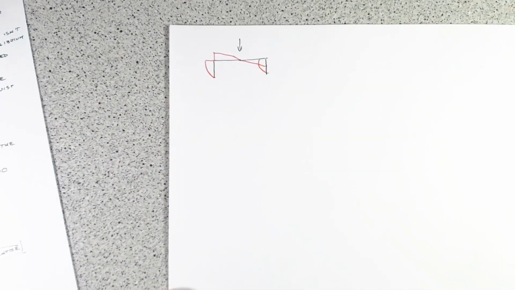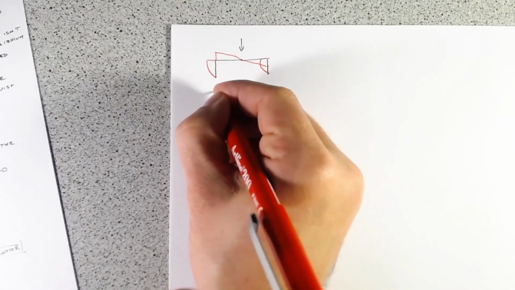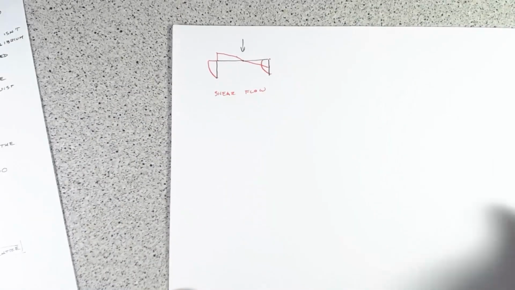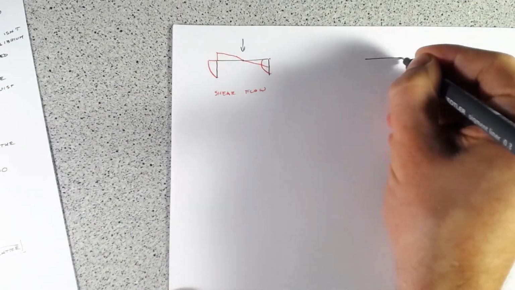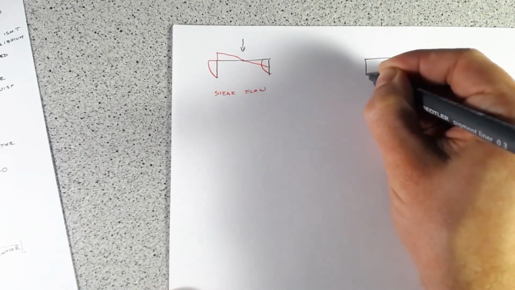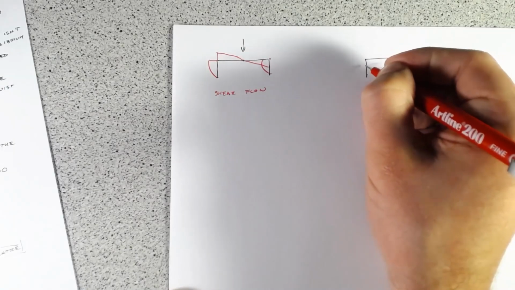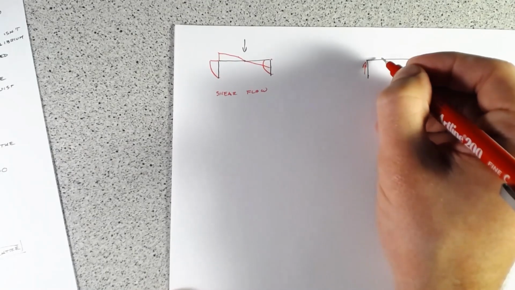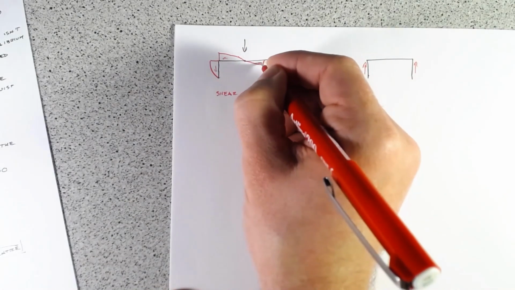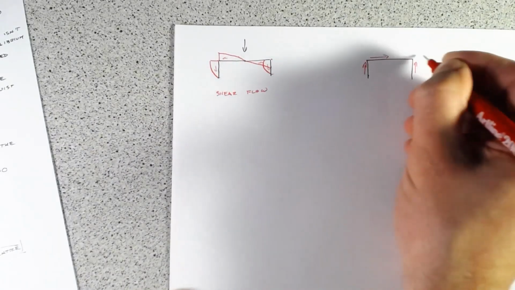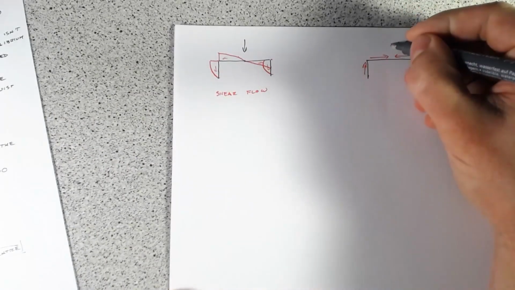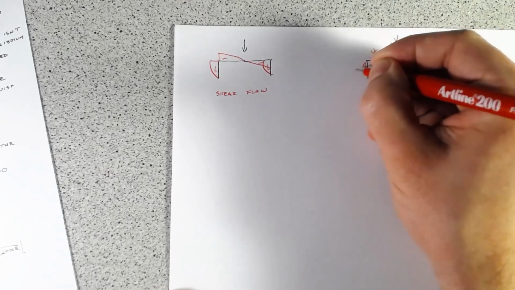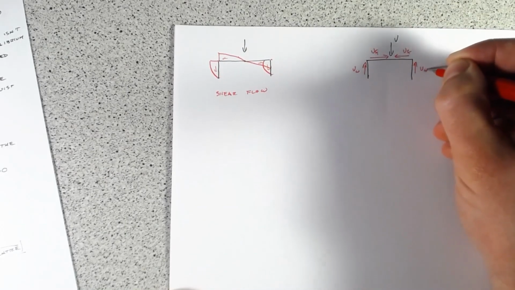So if that's what our shear flow distribution looks like, well, then if we look at what our forces are, this is V sub F, V sub F, V sub W, V sub W.